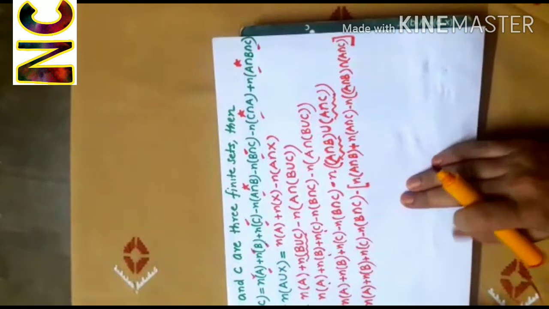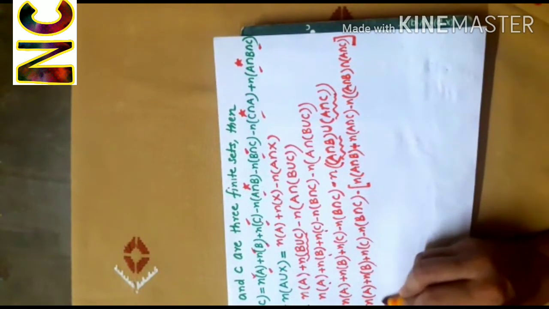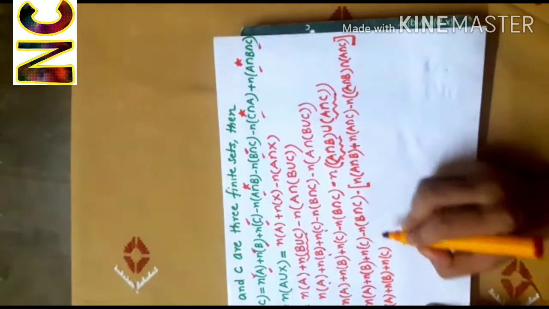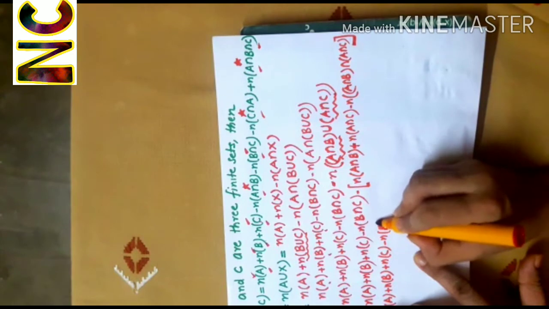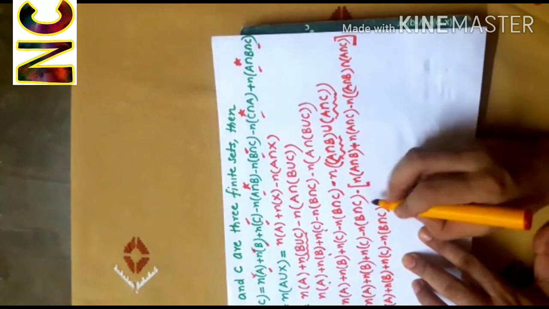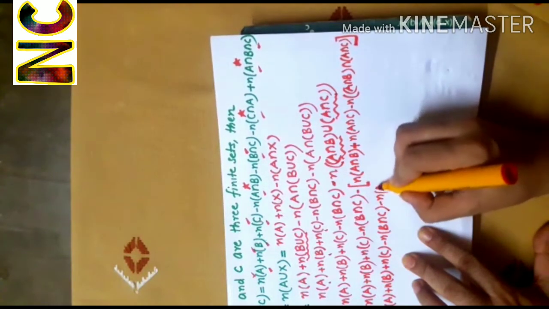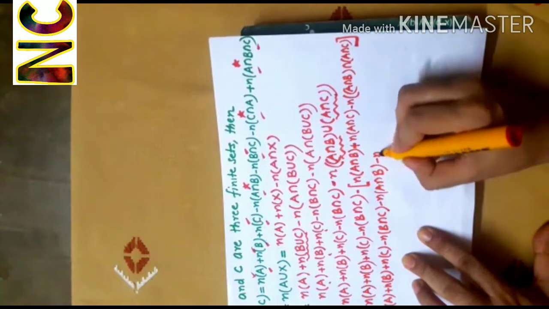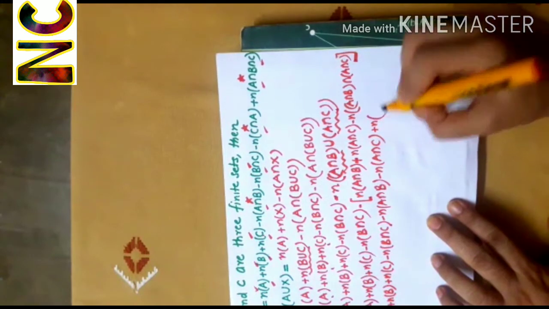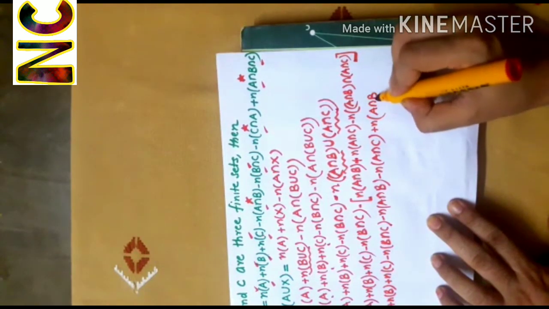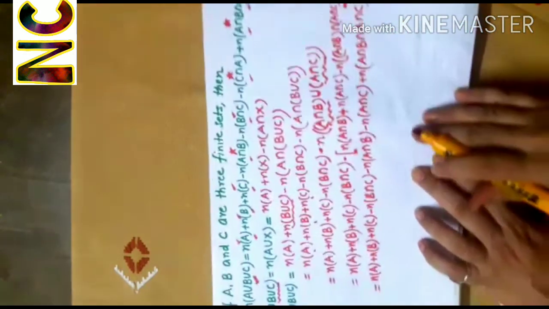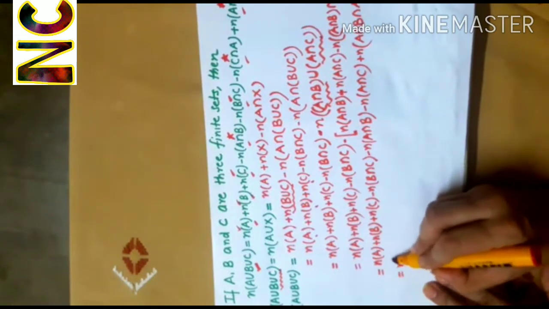So now I will open the bracket. So this will be number of elements in A, number of elements in B, number of elements in C minus number of elements in B intersection C. Open the bracket, sign will get changed. So minus number of elements in A intersection B minus number of elements in A intersection C and plus number of elements in A intersection B intersection A intersection C. So I just rearrange the terms.